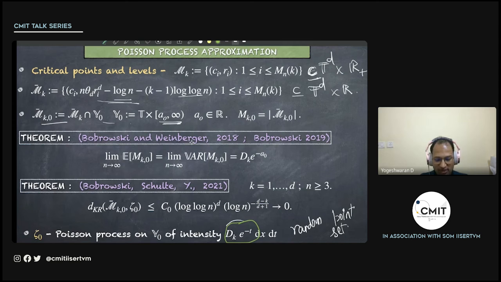Like if you have seen classical probability, strong law, binomial convergence to Poisson, the scale matters. At the scale at which we are looking, there are very, very few critical points and so very few critical levels. These are close to becoming zero. See, when A naught goes to infinity, this goes to zero. So I'm just looking before things vanish. So the number is a constant, and I'm getting a Poisson point process.